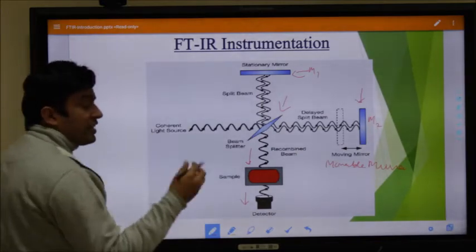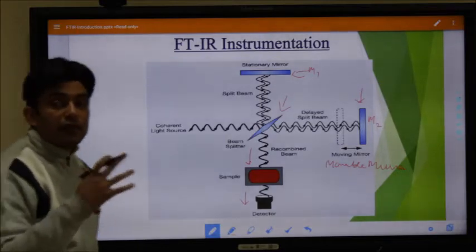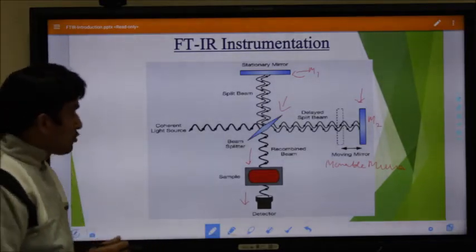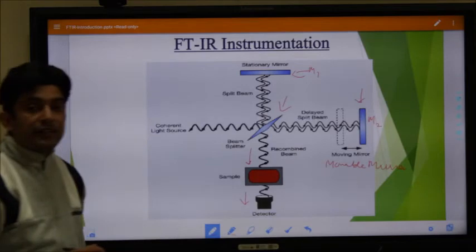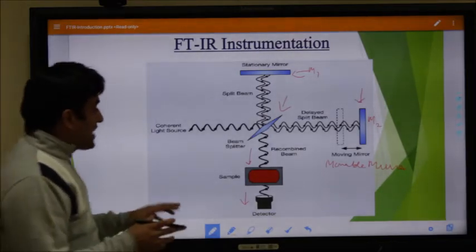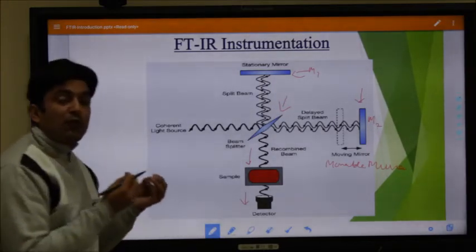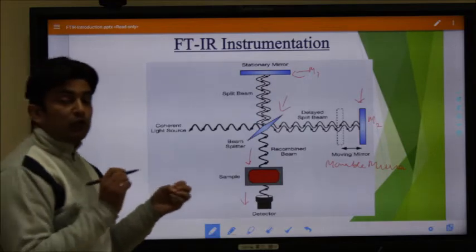To convert these interferograms, we need mathematical conversions, and those mathematical conversions are done by the Fourier transformations. That's why, at the start of this lecture, I told you why we call it Fourier transformed infrared spectroscopy.